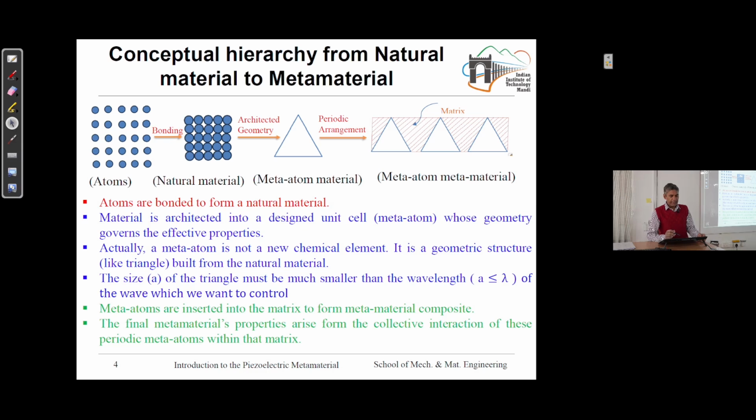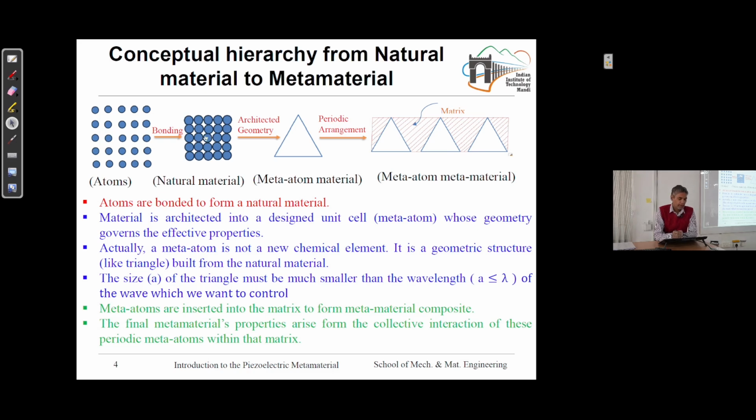So if you see again the concept of how we make the metamaterial. Generally we have the atoms, and these atoms are bonded to make the material. So we have the natural material. It may be aluminum, it may be copper, and so on.